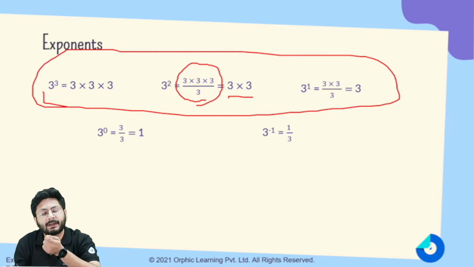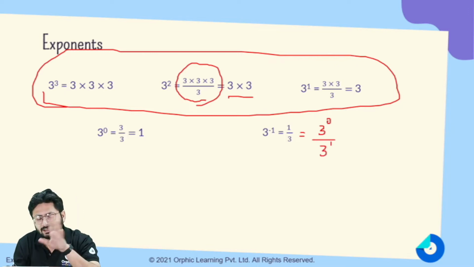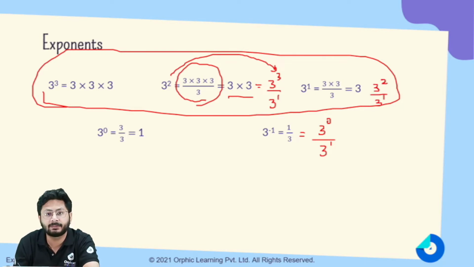Okay, and if we go to the negative power, it should follow the same rule. 3 to the power minus 1 should be equal to 3 to the power 0 divided by 3 to the power 1. Let's see it quickly: 3 to the power 2 is equal to 3 to the power 3 divided by 3 to the power 1, meaning we added one extra power to the exponent 2. Similarly, 3 to the power 1 is equal to 3 to the power 2 divided by 3 to the power 1, where we added one extra power to 1.